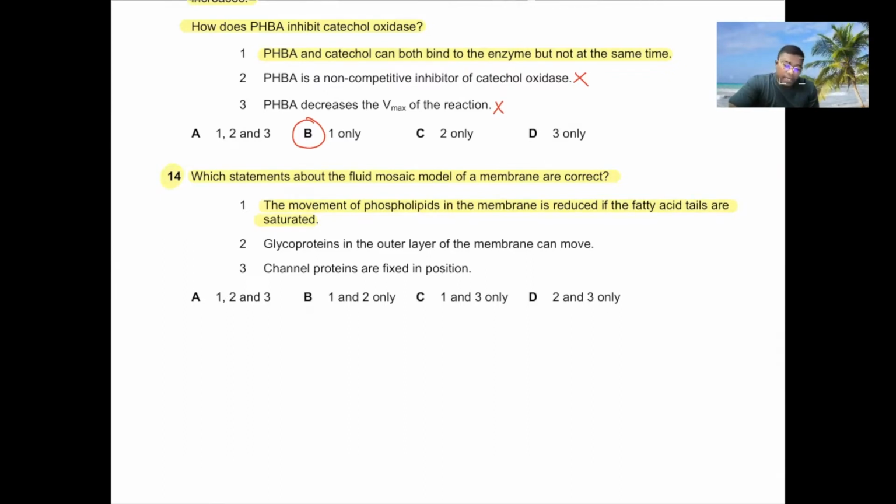The glycoproteins in the outer layer of the membrane can move. That is definitely correct. Channel proteins are fixed in position. Well, channel proteins are not fixed in position. They can move around as well within the phospholipid bilayer. So 1 and 2 are correct. Option B is correct.